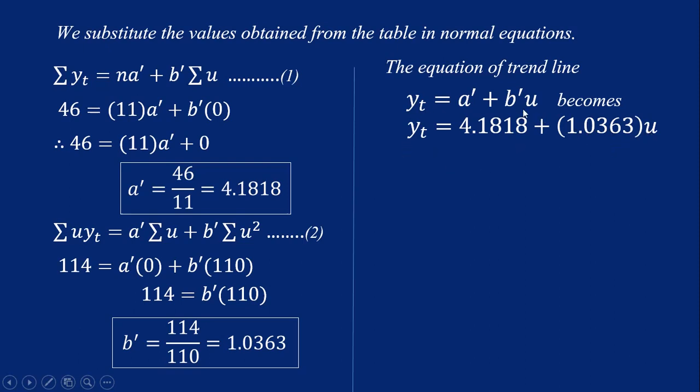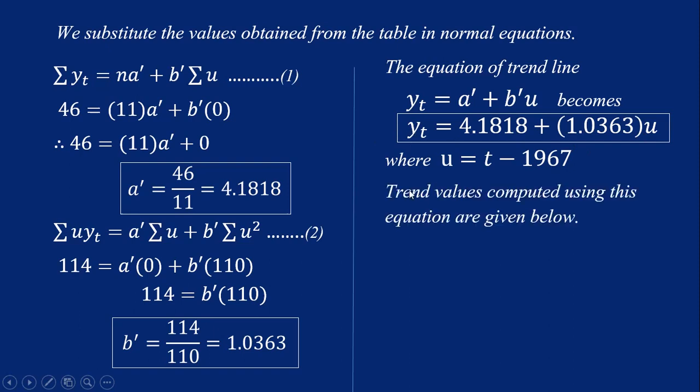So we get this equation, which is the equation of the trend line, where u is equal to t minus 1967. So this equation, yt is equal to 4.1818 plus 1.0363 into u, is the equation of the trend line.